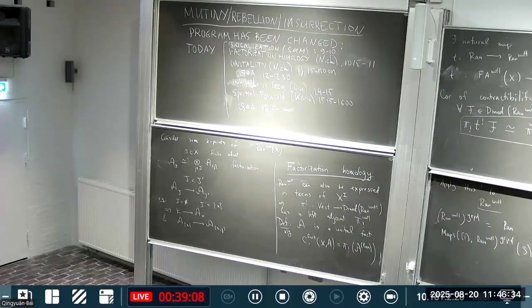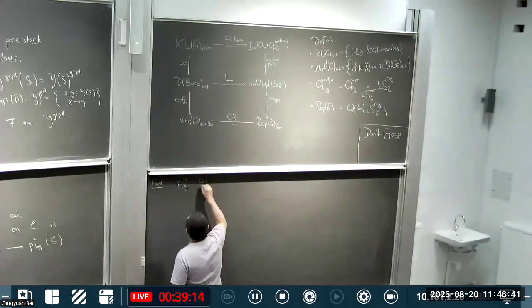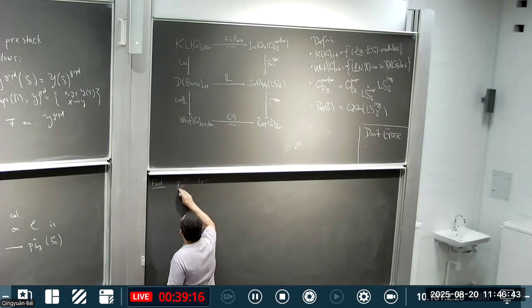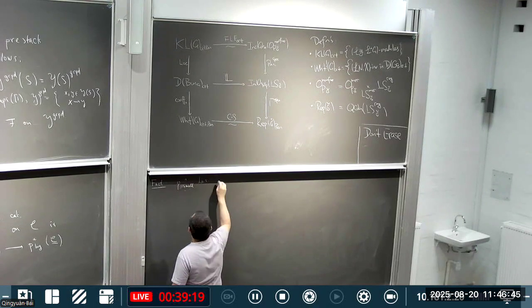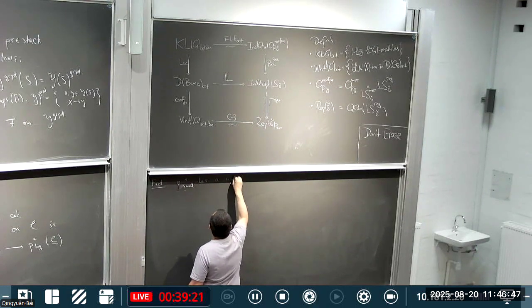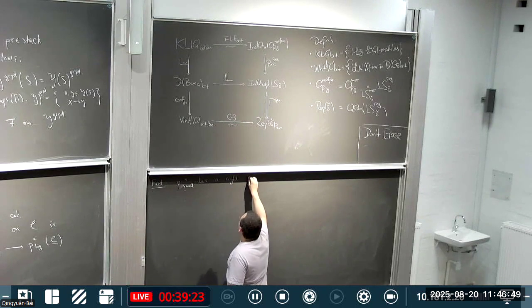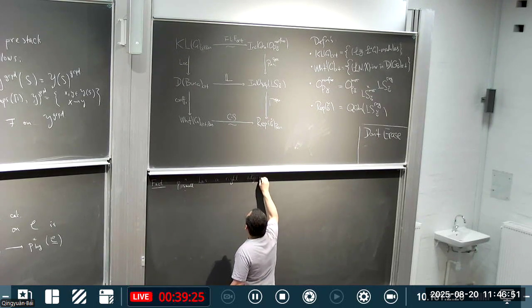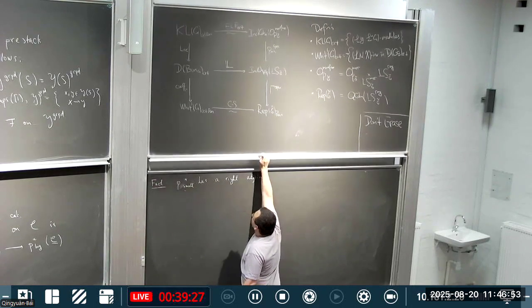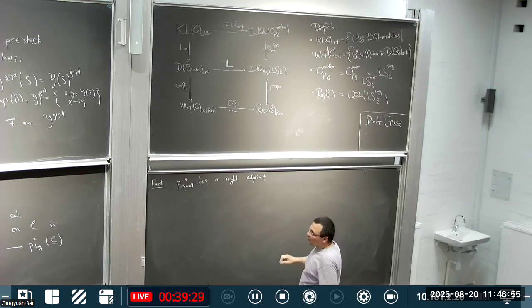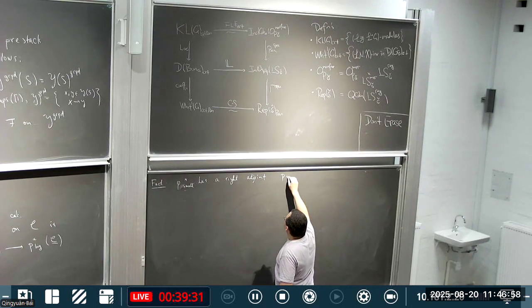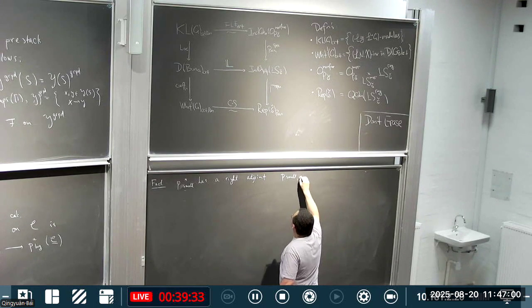Oh, okay. So this pullback, oh whoops, small, has a right adjoint called small lower star.